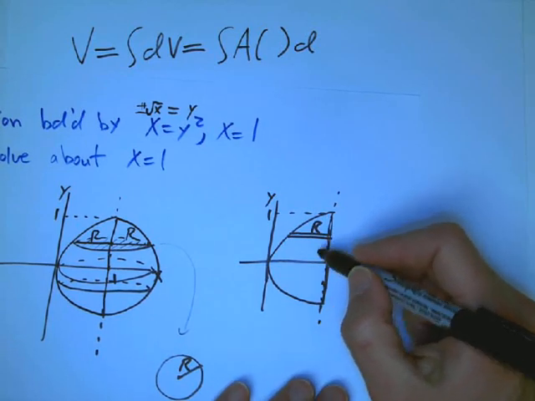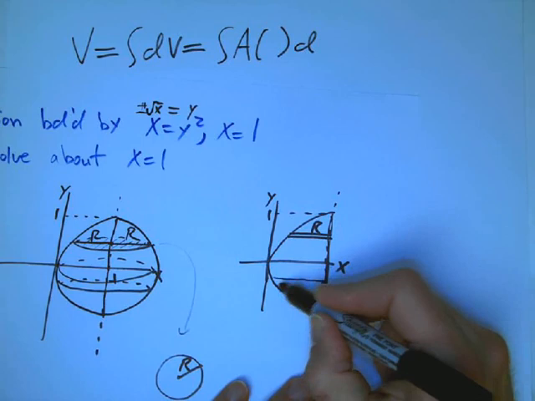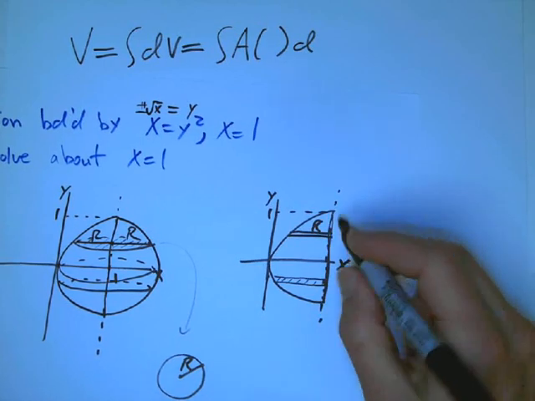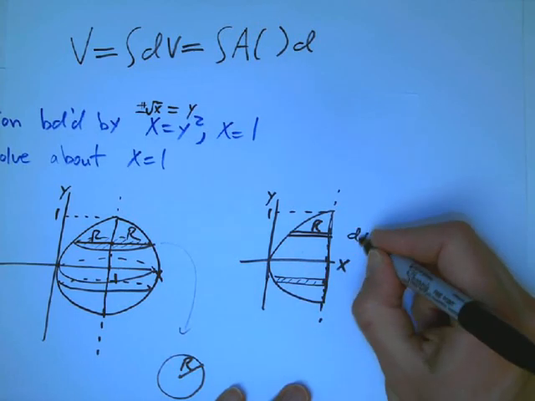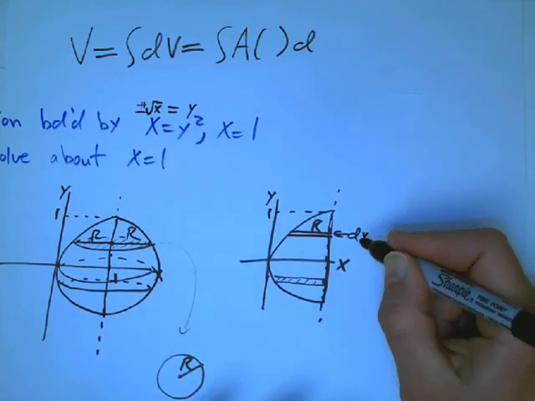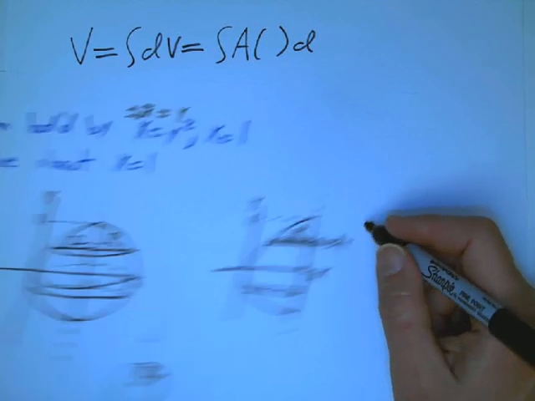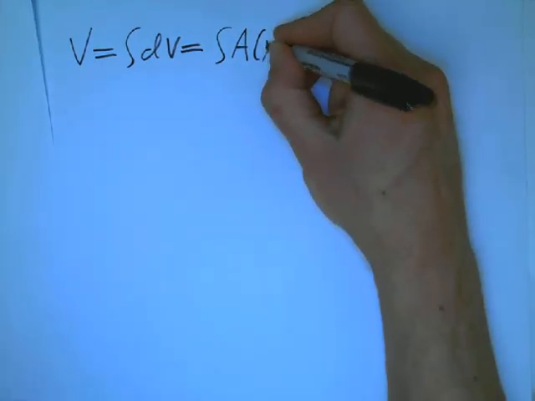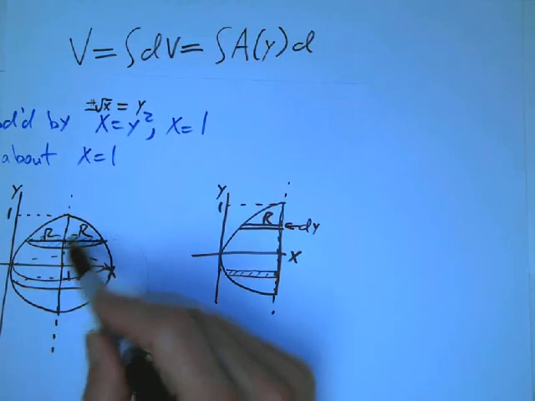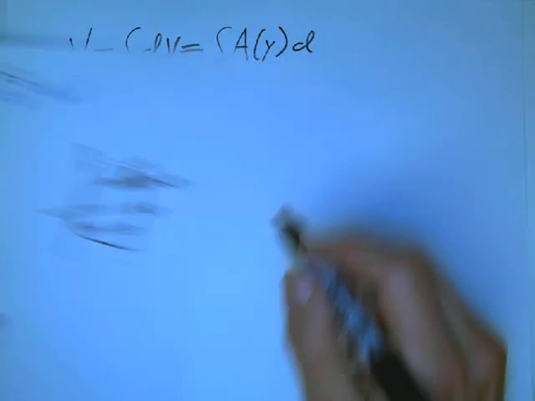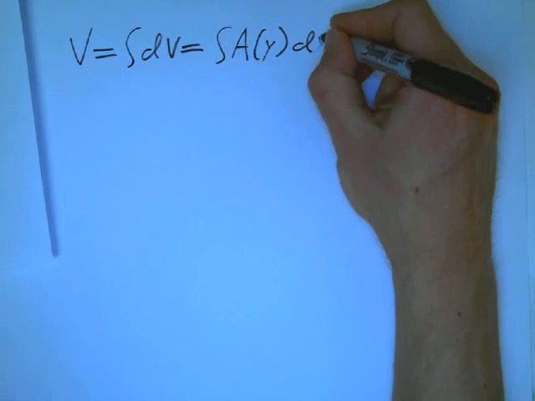It's going to be a change in the y variable, because these strips are labeled by the different y variables that correspond to the different heights. And so that's telling us that the y variable is going to be our variable of integration. And the other thing that tells us that is that the thickness of that thing is dy. And so it's going to be the area of one of these guys, in other words, one of these slices that's in here at whatever level, times the thickness dy.